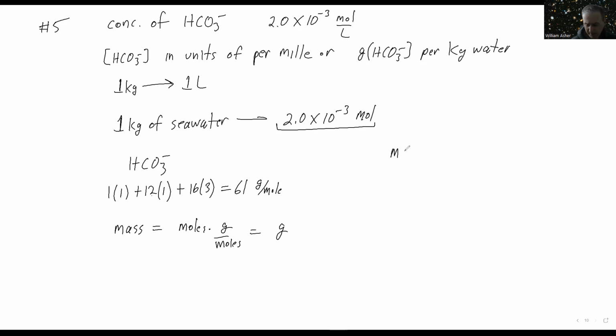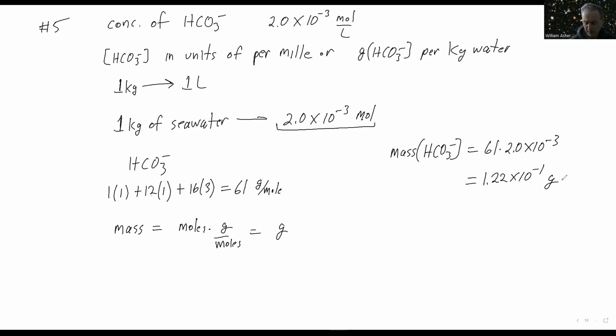So the mass of HCO3 minus is equal to 61 times 2.0 times 10 to the minus 3, which is equal to 1.22 times 10 to the minus 1 grams.